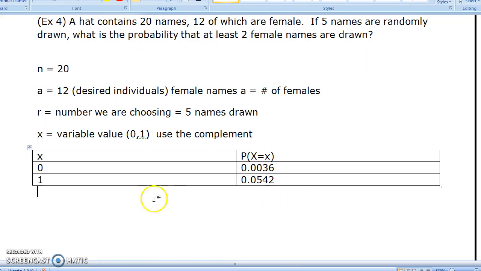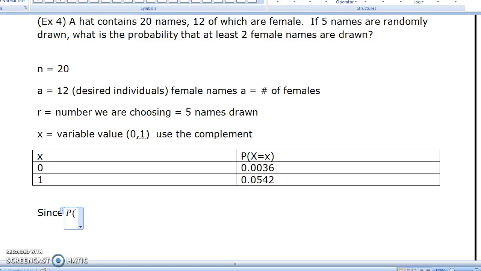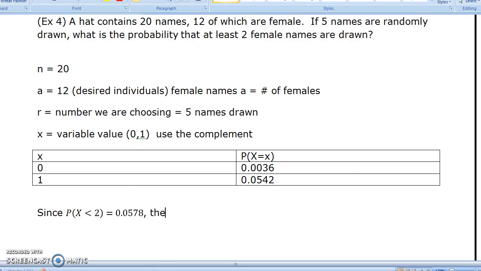And this then becomes our answer. Since the probability that x is less than 2 is equal to, what is this here, 0.0578, adding those two up, we can say that the probability that x is greater than or equal to 2 is 1 minus that number, 0.0578, which is equal to, what would that be now, 0.9422.